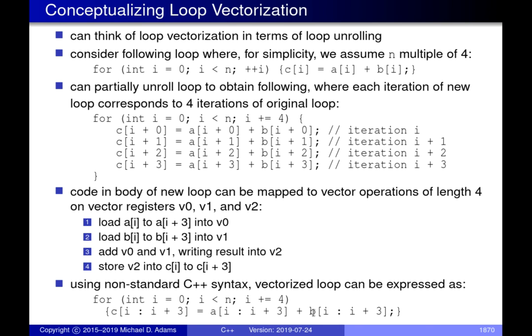And then same thing for the vector B, we're grabbing 4 elements at once, and then this represents a vector addition operation. And then we're taking the whole thing and assigning it to this vector C. Anyway, this is not a standard syntax, but sometimes it's a useful way to write things just to express the idea that you're using vector operations. And I guess it's a little bit like syntax in MATLAB, except MATLAB uses round brackets rather than square brackets.